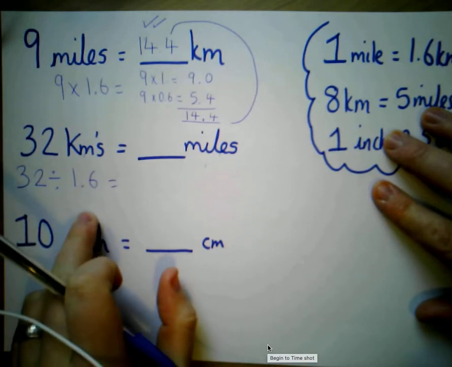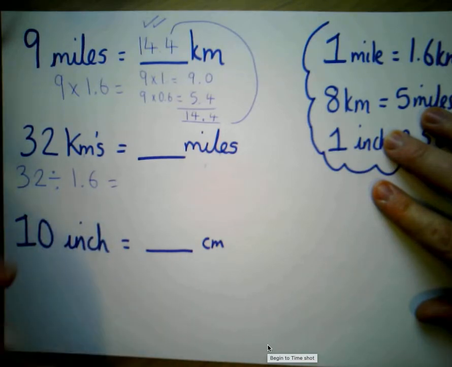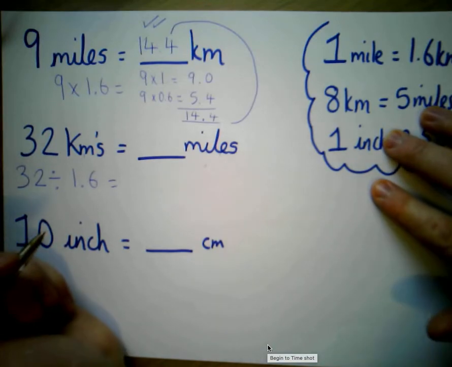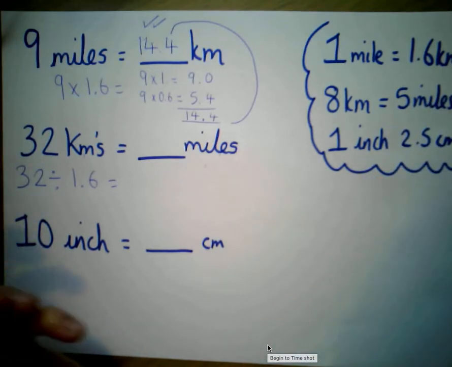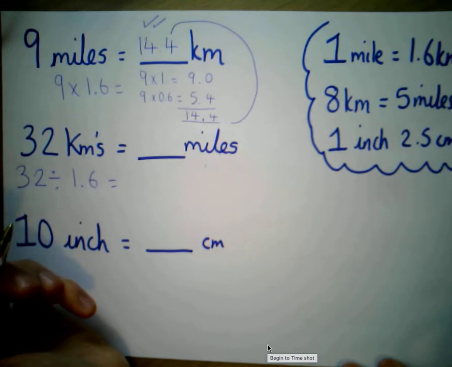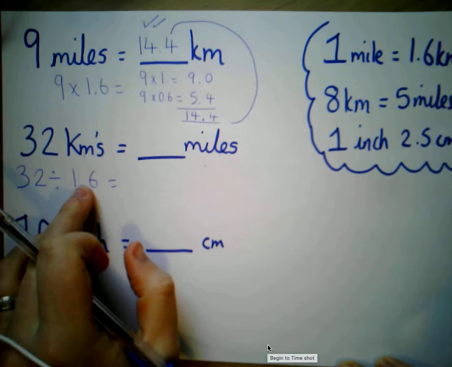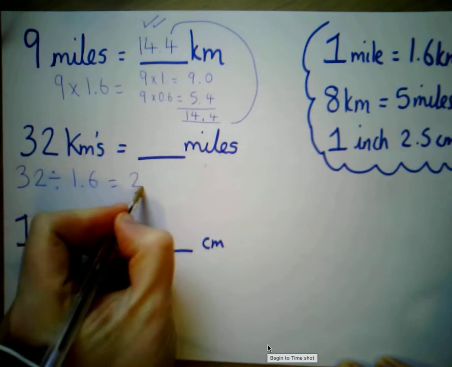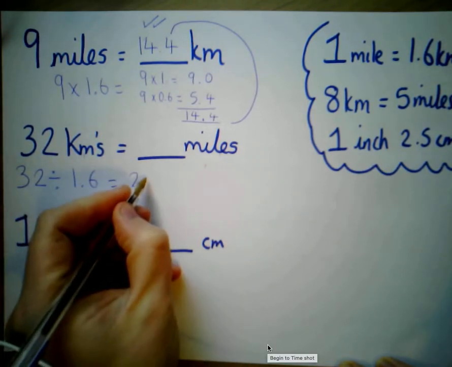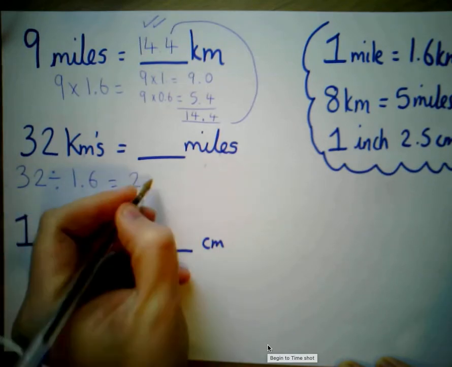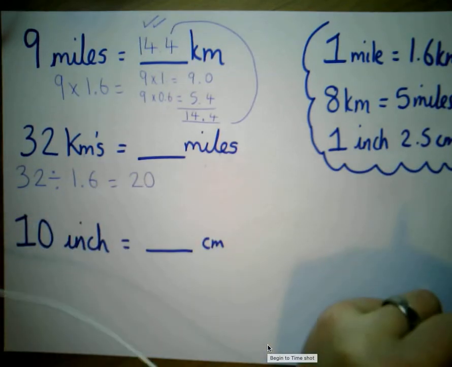But we know this is 10 times smaller, and that should help you. This is the way I would do it, okay? The first way I would do it is exactly what I've just showed you. Well, I know that 16 goes into 32 twice, but this is 10 times smaller because I've got a decimal point in, so it goes into it 20 times.